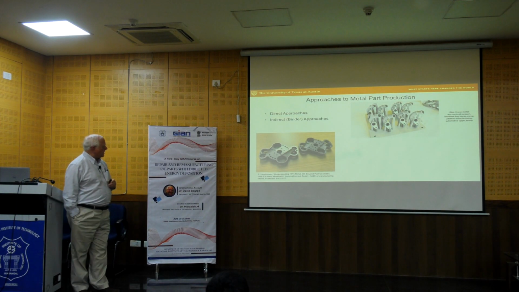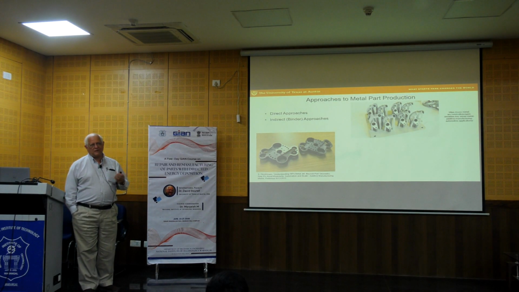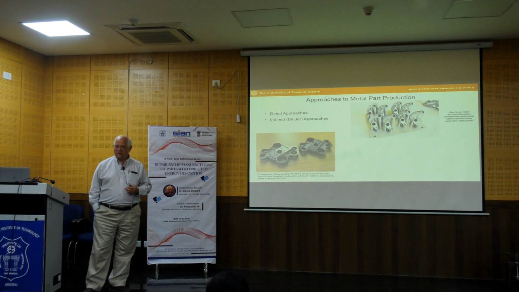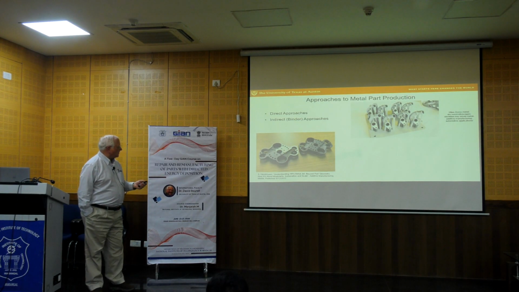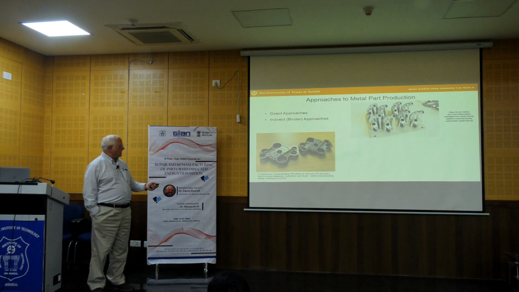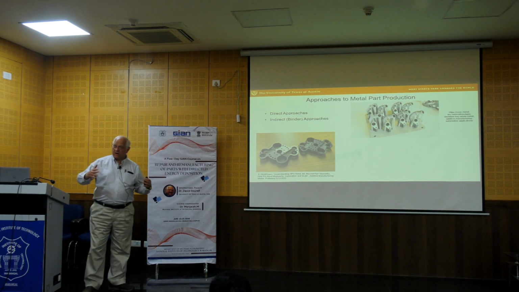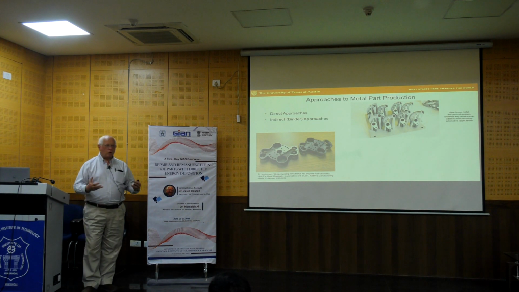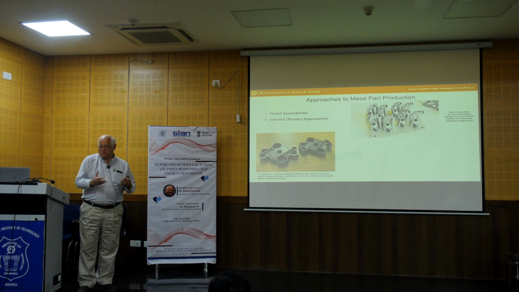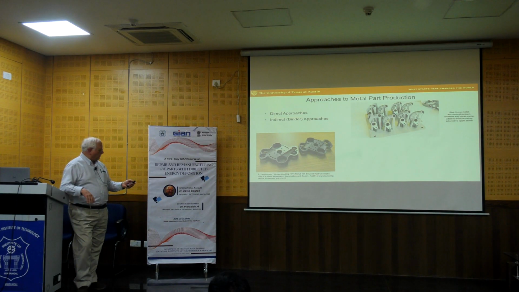The second approach is these indirect binder approaches. I mentioned Desktop Metal and ExOne do this approach, where they use the binder jetting approach to create a part that's polymer bound, and then do a significant amount of post-processing to burn away the binder and to powder sinter the part to create the metal part.